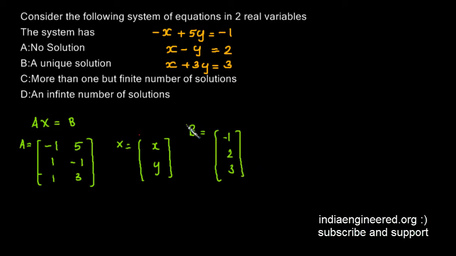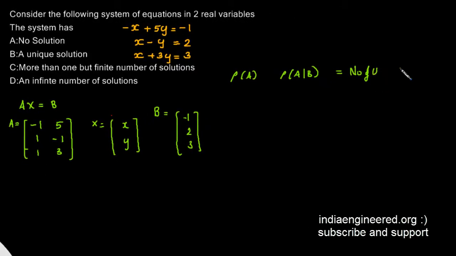And what is the condition we have to check for? We have to find out the rank of A, and the rank of the augmented matrix, A given B, and if it is equal to the number of unknowns, then it has a unique solution.